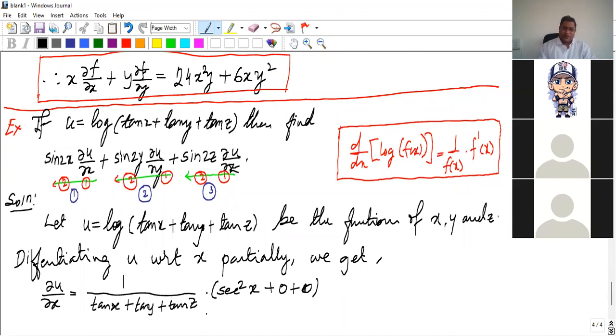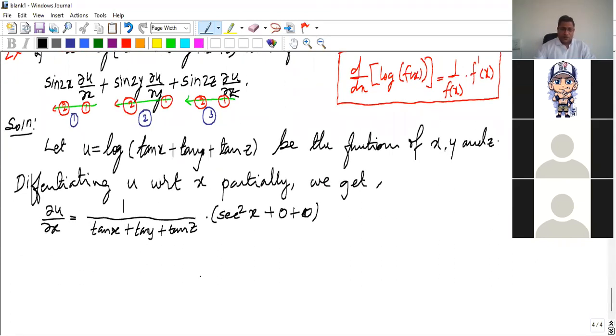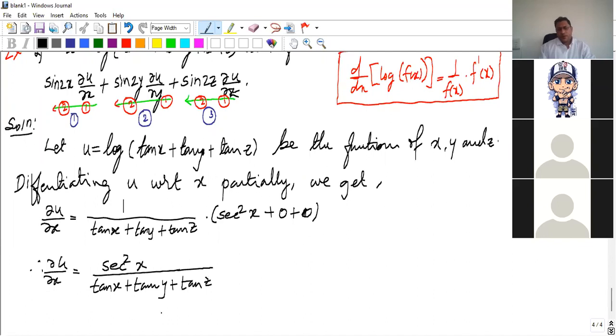That's why the derivative of tan y will be 0 and tan z will be 0 with respect to x. So here we got del u by del x as sec square x upon tan x plus tan y plus tan z.